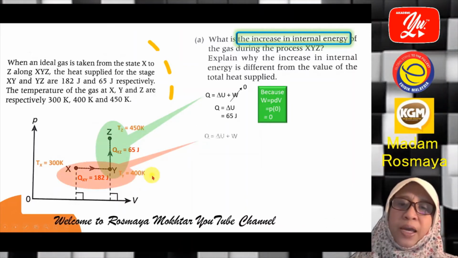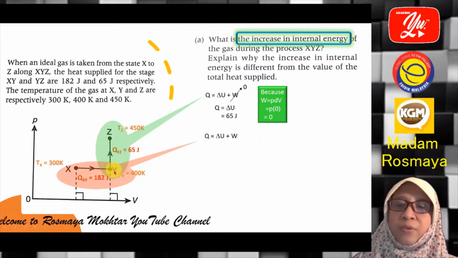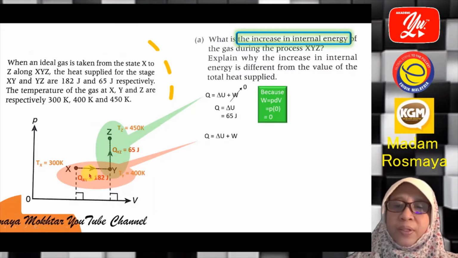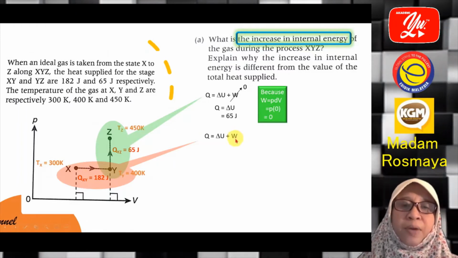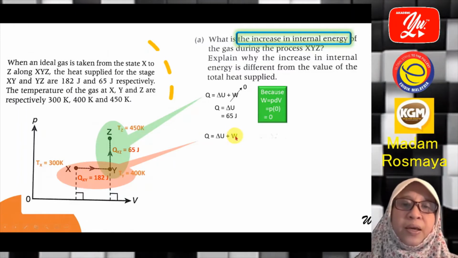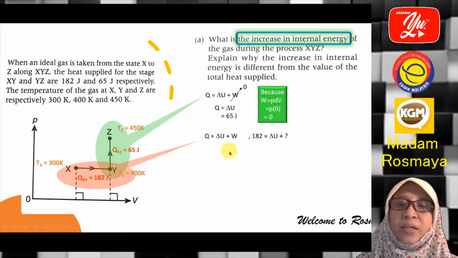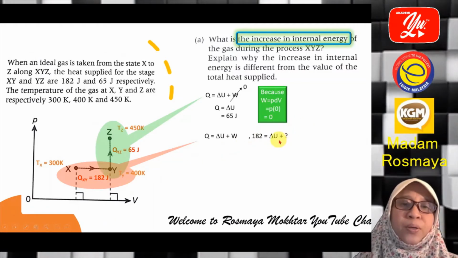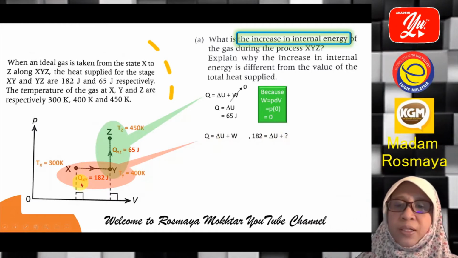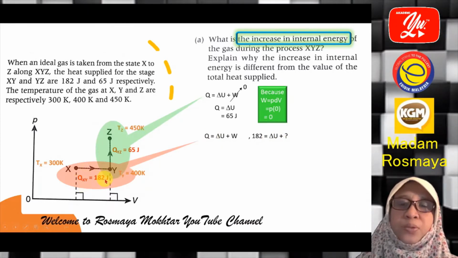For XY, there is a change in volume, X to Y. Therefore, there is a value for the work done. But unfortunately, we don't know this value. The work done, we don't know. The given QXY is 182 joule.